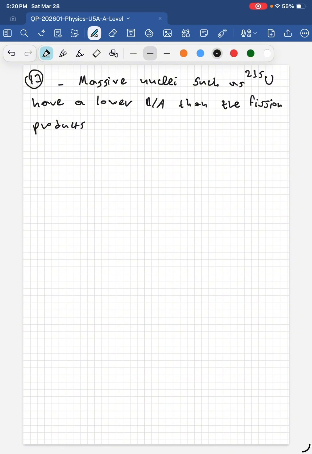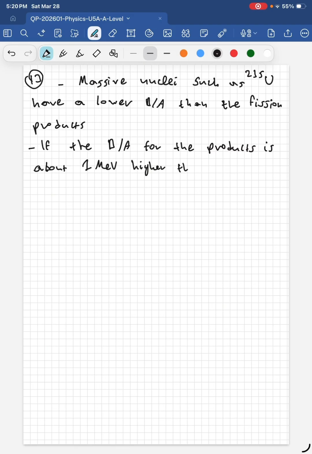So we can write that down. The binding energy per nucleon for the products is about 1 MeV higher than uranium-235 as seen in the graph.